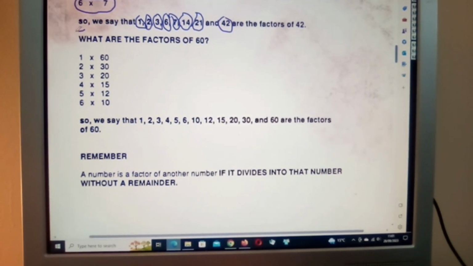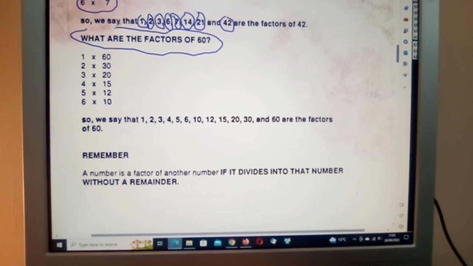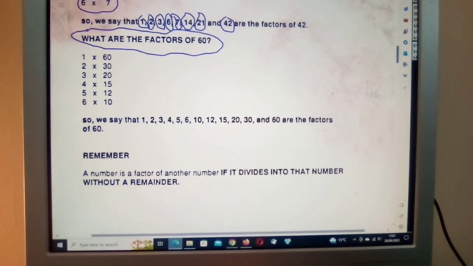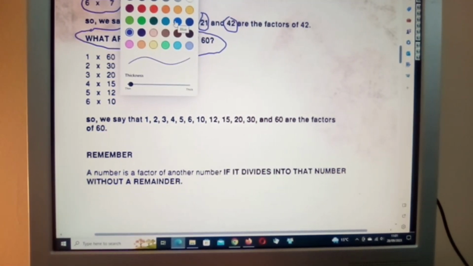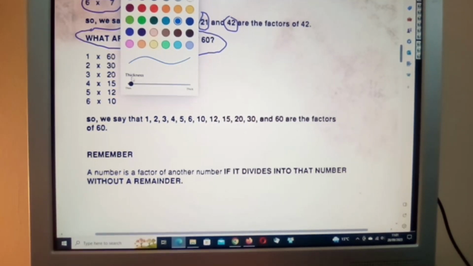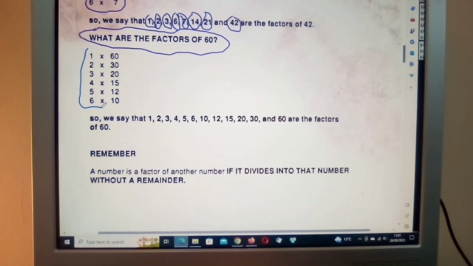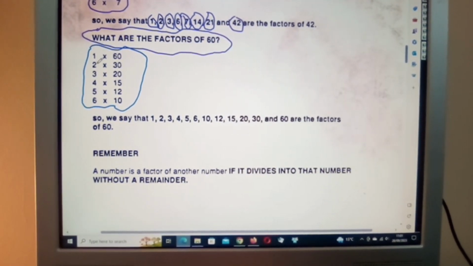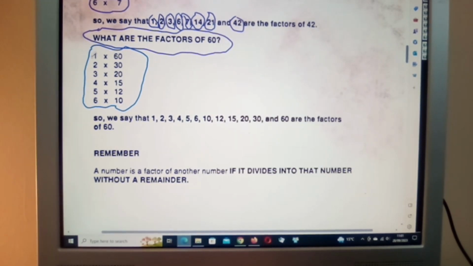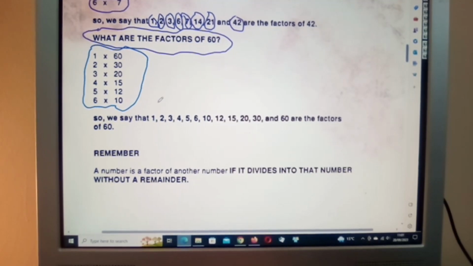Anyway, what are the factors of 60? Let me just change my color. So what are the factors of 60? 1, 2, 3, 4, 5, and 6 are all factors of 60.